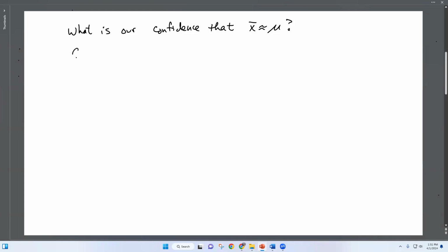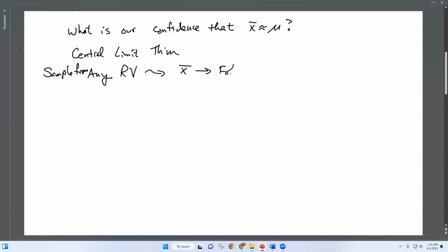Well, we know that from the central limit theorem, if we take any random variable, and we take a sample and calculate the mean value, that mean value will follow a normal distribution with some mean X bar and some standard deviation, which is S over square root of N. So that arises from the central limit theorem.